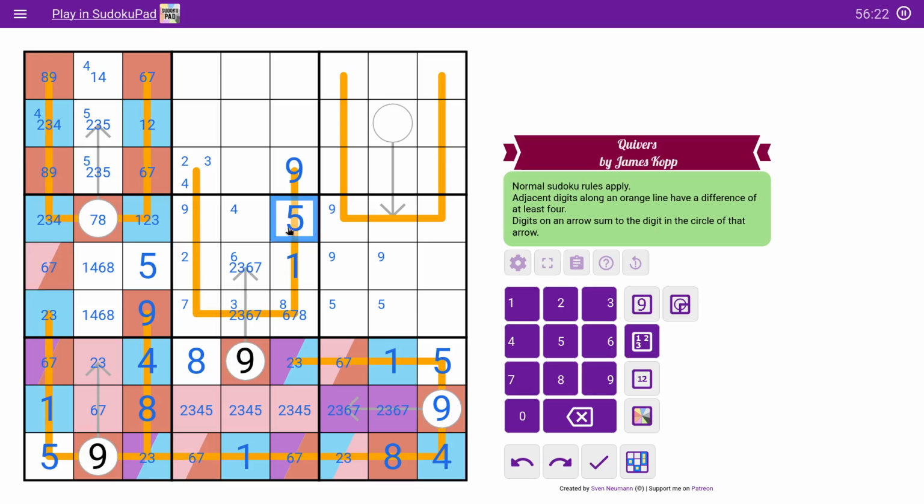So certainly this 5 can't pair with the 1, but this 5 could pair with the 1, making this the 8, and this the 6, 7 pair. This then becomes peach 6, 7.